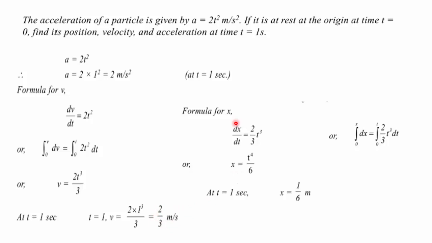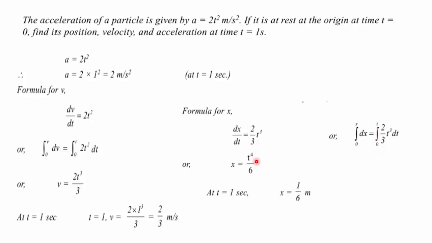Similarly, I will use the definition of velocity as dx/dt, the rate of change of position, and I already have the velocity value as 2t cubed by 3, so I will substitute here. Now I will integrate, taking x to the left hand side and time to the other side, with the limit 0 to x, where 0 is my starting position, x is the final position, and time from 0 to t.